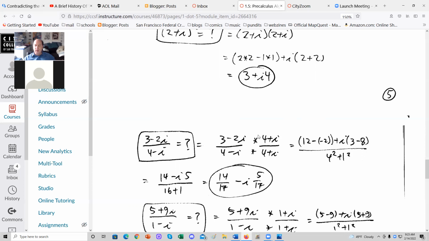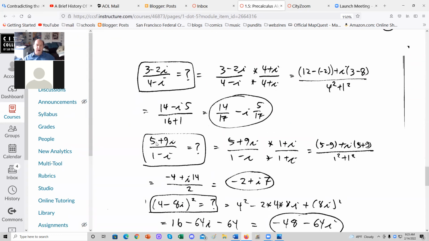If you work out the numerator, 3 times 4 is 12, minus 2i times i is minus a negative 2, minus 2i times 4 is minus 8i, 3 times i is 3i. After a bit of arithmetic, that's 14 minus 5i. And the denominator, 4 minus i times 4 plus i, is 4 squared plus 1 squared, 16 plus 1. And so after a bit of work, it's 14/17 minus i times 5/17.